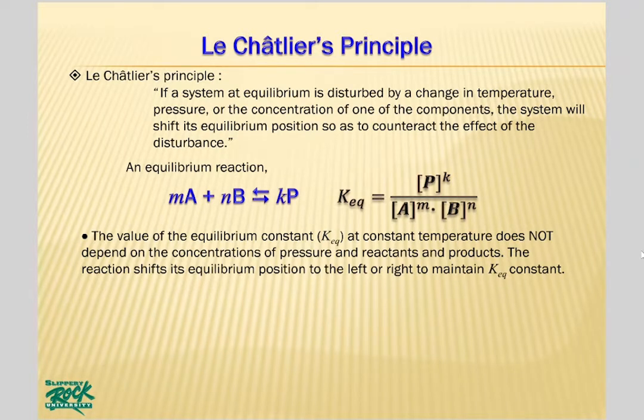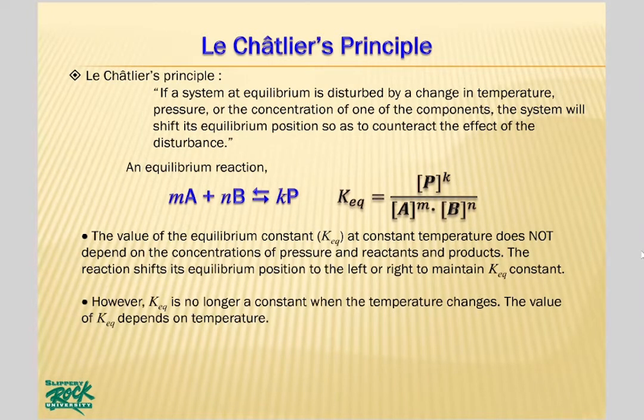Don't forget that the reaction may shift its equilibrium position to the left or right, but it is intended to maintain KEQ value constant. However, the equilibrium constant is no longer a constant when the temperature changes because the value of KEQ depends on temperature.